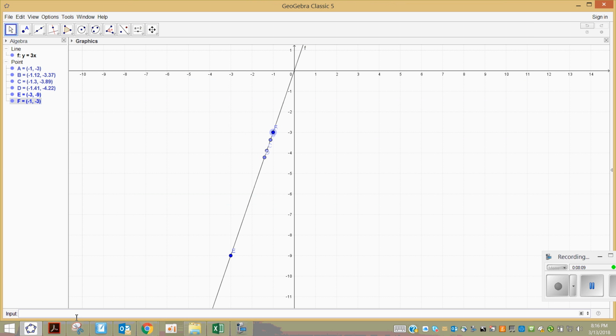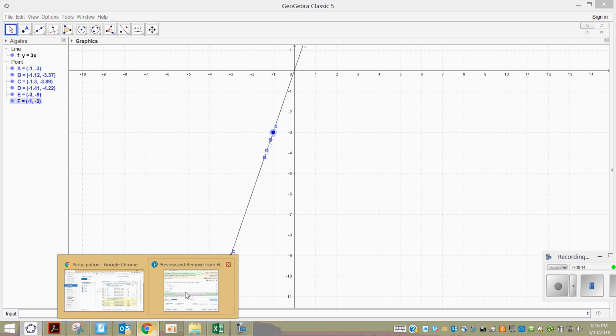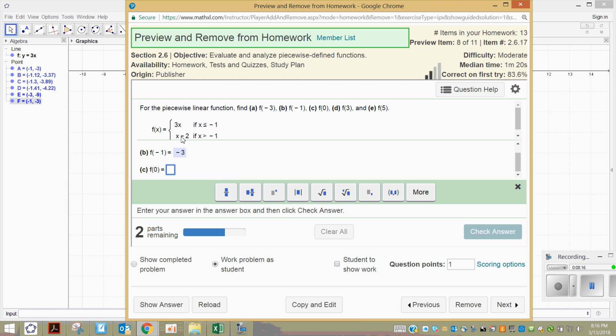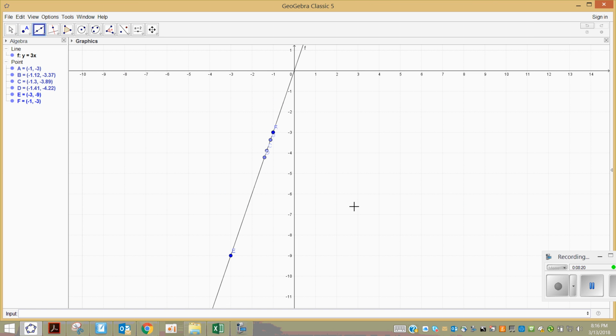So I'm going to go back to GeoGebra and show you that when I go to, what was it, negative 2? Yeah, negative 2 with a slope of positive 1. So if I go to negative 2 and then do a slope of positive 1, up 1 and over 1, this is the line I have.